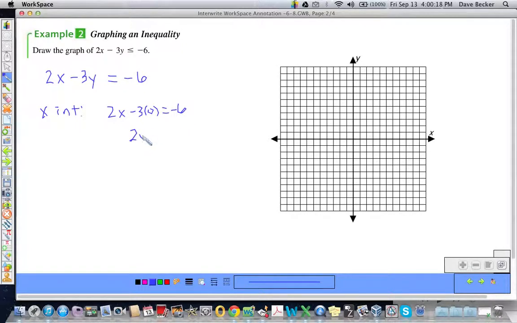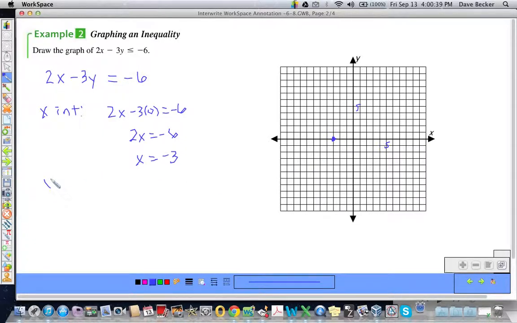So 2x equals negative 6, and x would equal negative 3. Make sure you have a scale. So that puts negative 3 right here.